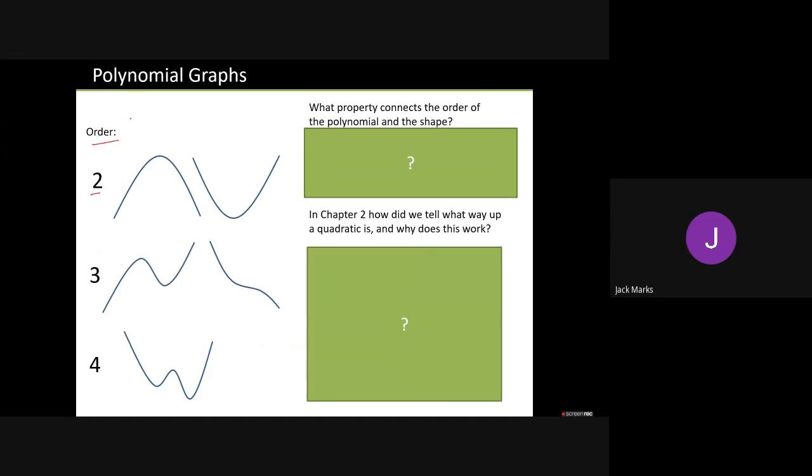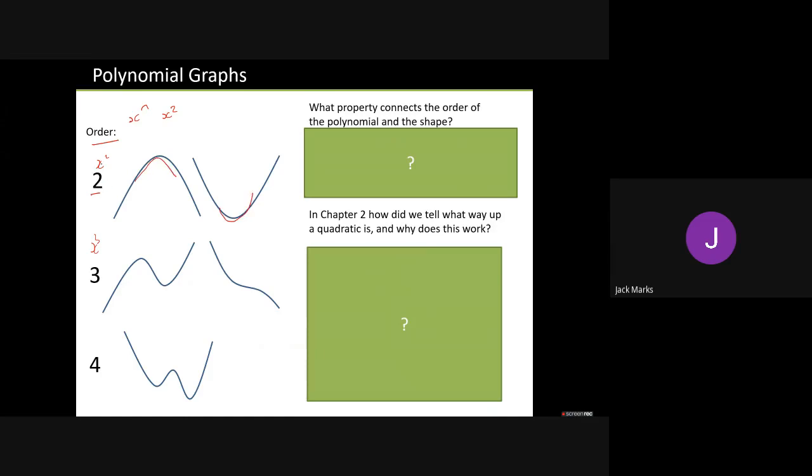The order means the highest power of x. So if the order is 2, it means the term with the greatest power of x is x squared. So this is an x squared, this is an x cubed, and so on. And one thing we might notice is the number of turning points and the order.